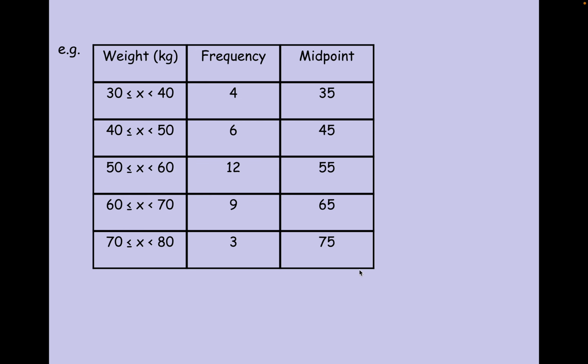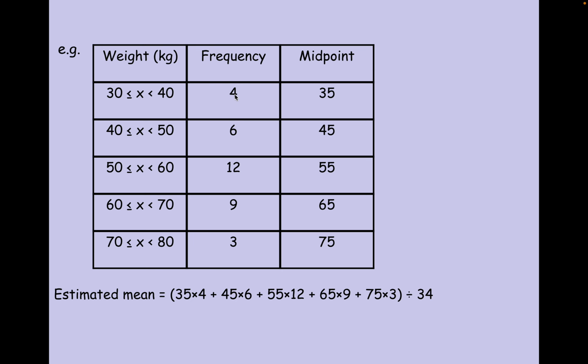So when now we want to calculate the mean, we call it the estimated mean because we don't actually know exactly what the data value is. We are just assuming that all these 4 people have weight 35, right? So then it's the same as before. Now instead, we are multiplying 4 times 35.